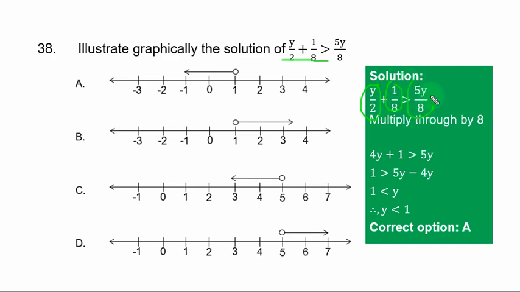Multiply this term by 8, you have 5y. So we have 4y plus 1 greater than 5y. Collect like terms. You transfer this term to the right hand side, it becomes minus, so you have 1 greater than 5y minus 4y, and you have 1 greater than y. The variable you are solving for is always on the left hand side.